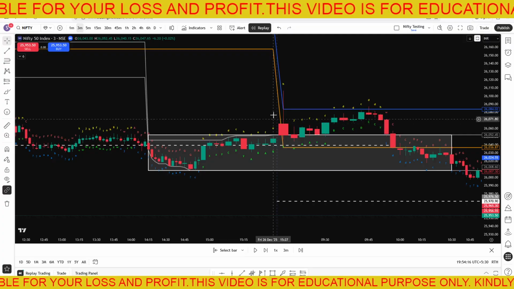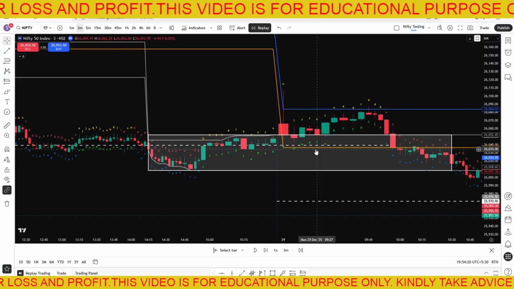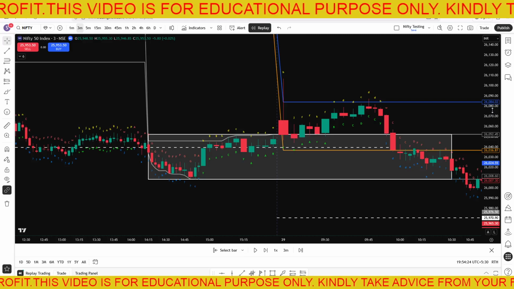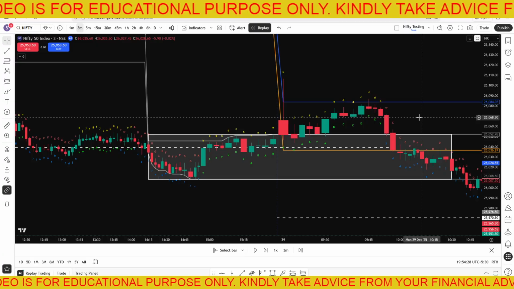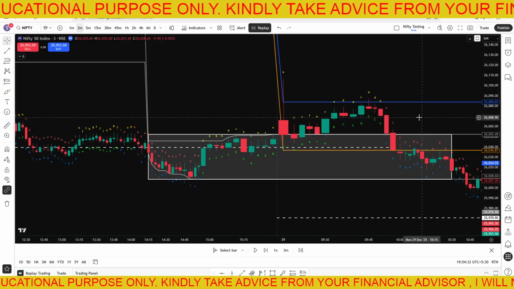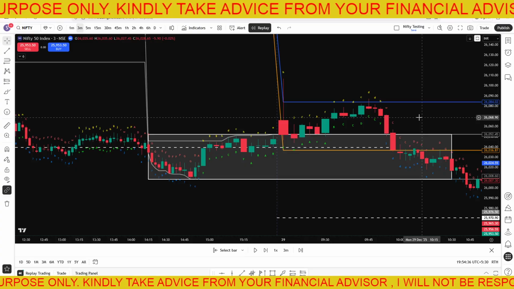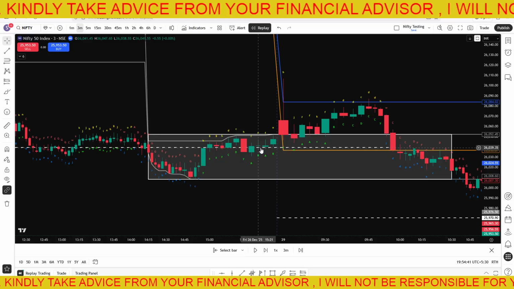It opened here, went above and closed here, so within the pivot. So in this case, we have to think that price might not go aggressively, or we can have some resistance and support in this condition, right?